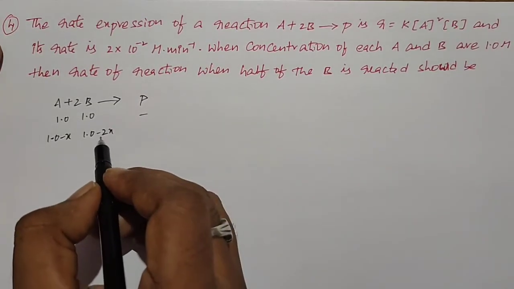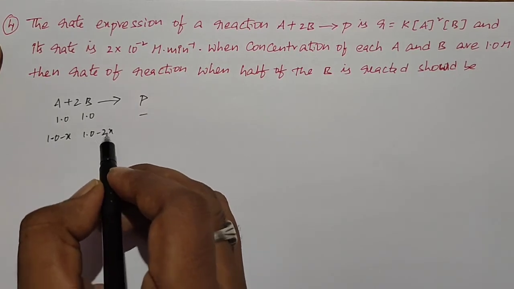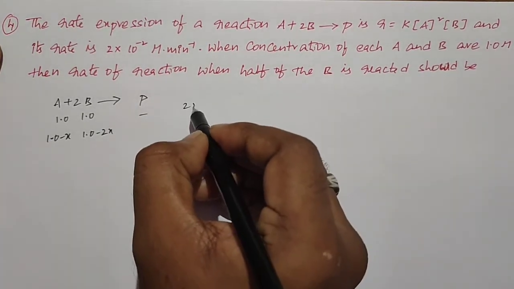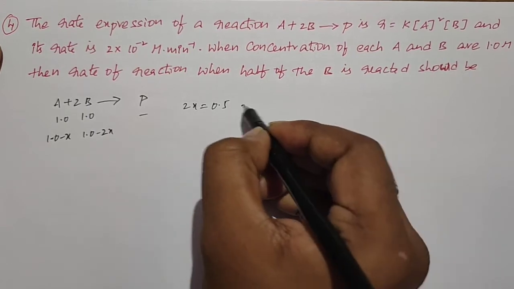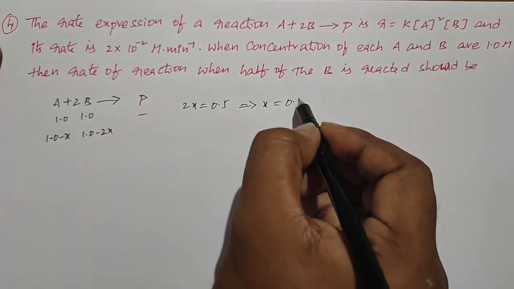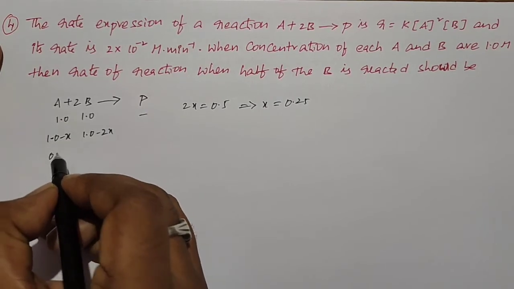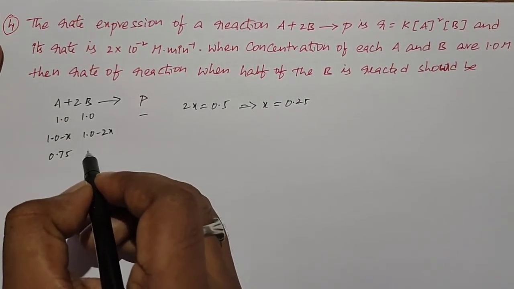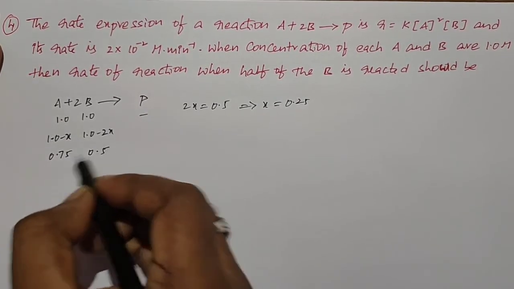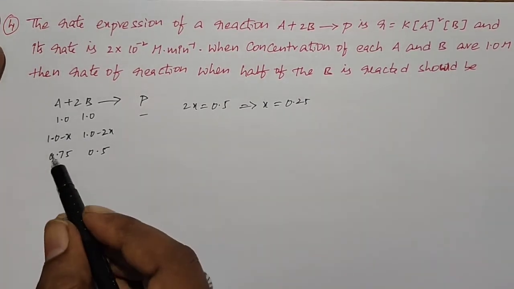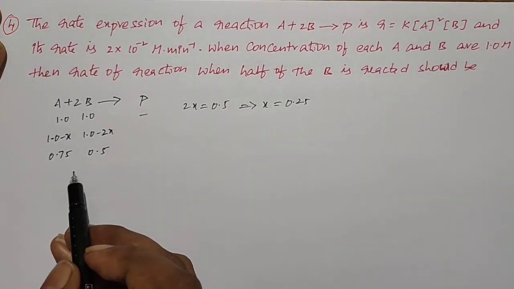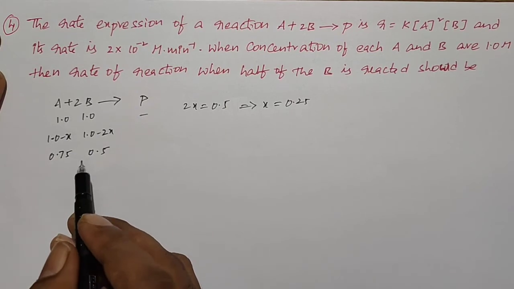Half of B has reacted, that means 2x is equal to 0.5, that implies x is equal to 0.25. After substitution of the x value, we get 0.75 and 0.5. So these are the concentrations of A and B when half of B is reacted.